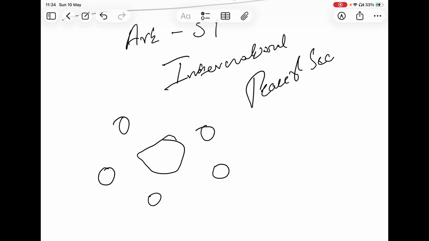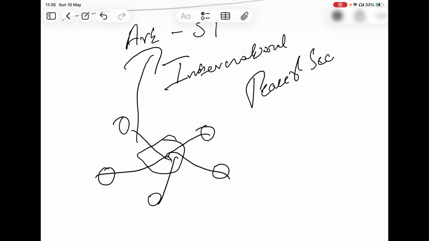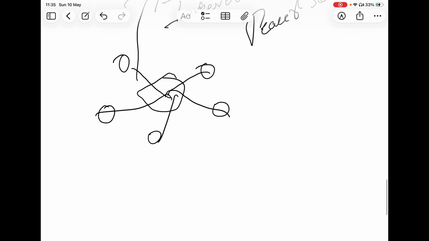For example, when India participates in international peace discussions and maintains friendly relations with neighboring countries, it reflects the idea behind Article 51. So these are the important articles on directive principles of state policy.